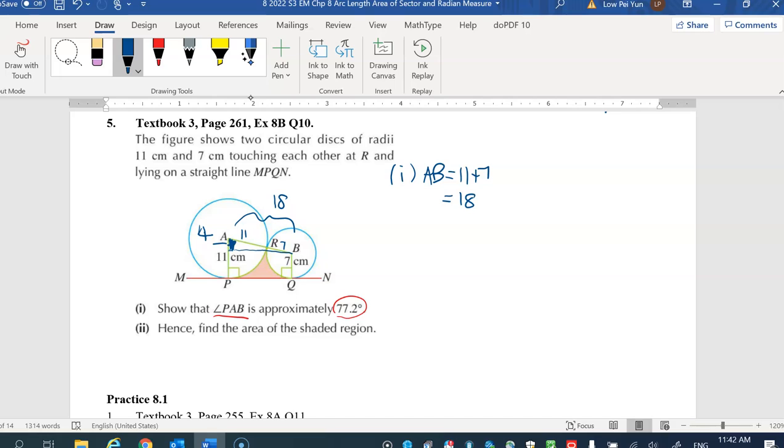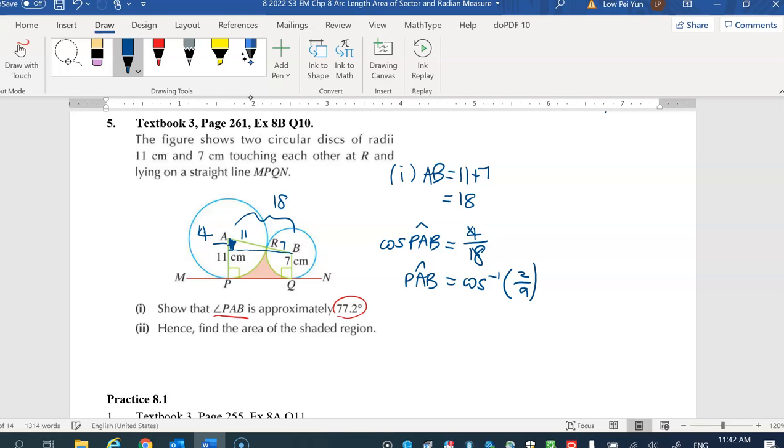In order to find this angle PAB, I will use cosine. Why cosine? It is because my adjacent is 4, my hypotenuse is 18. Can you see that? So PAB is equal to cosine inverse of, you can cancel to write, 2 over 9.